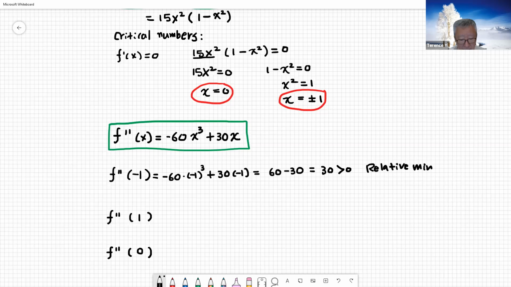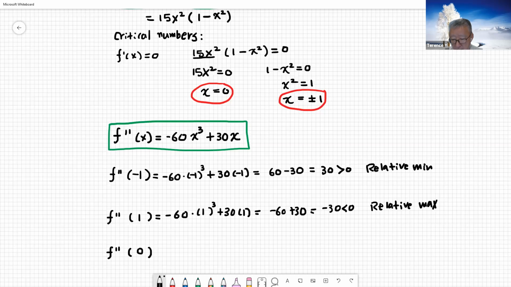Now let's do the same thing for x equals 1. You have minus 60 times 1 to the cube, plus 30 times 1. Minus 60 plus 30 is minus 30, and that's less than 0. So that's going to be your relative maximum.